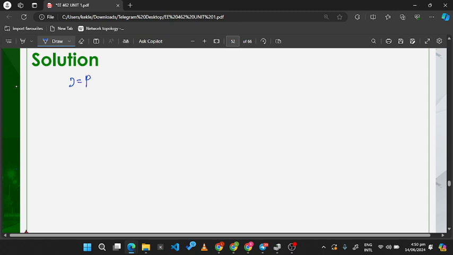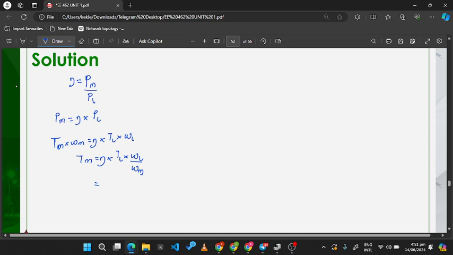So we have P_M being equal to the efficiency times the load power, that is T_M times omega_M equals efficiency times T_L times omega_L. So T_M is efficiency times T_L times omega_L over omega_M.